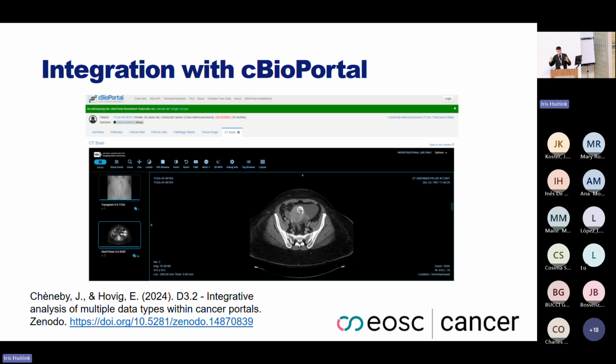And then they did some nice magic to show that in this iframe so that it can be shown in cBio portal. So I think that's a nice integration here where we don't need to copy the data back and we can just use Ixnat for what it's good for, but also have a way to view the data while seeing the other types of data.